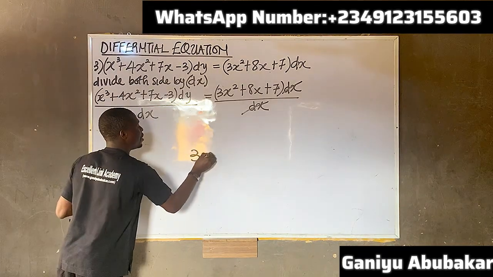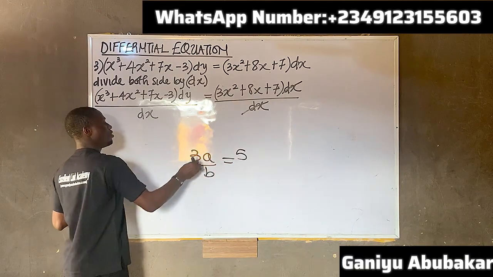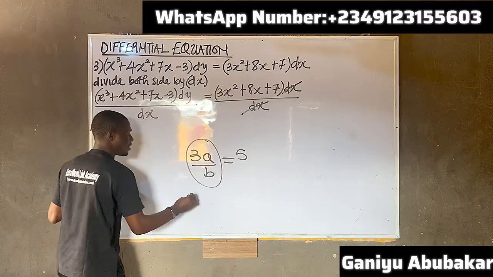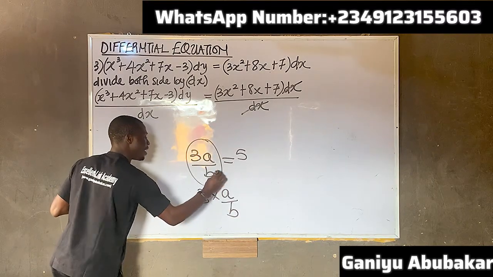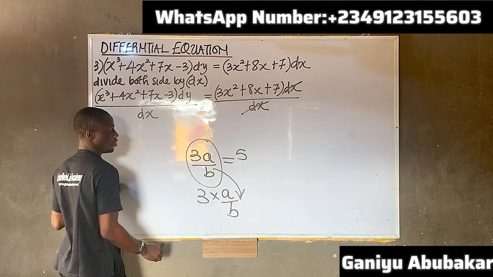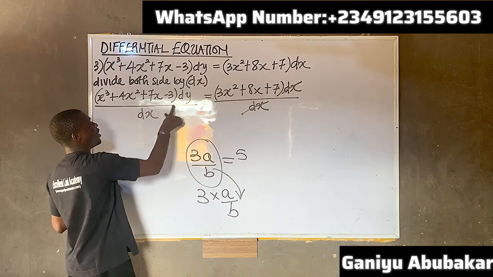Now listen. If I have 3a over b equal to 5, 3a over b can still be written as 3 times a over b. This and this are still the same thing. Separate a and b this way, and 3 stands alone. So the dy over dx should stand alone.